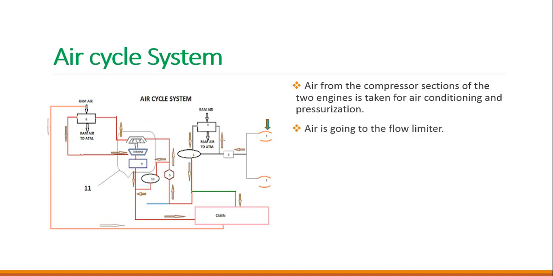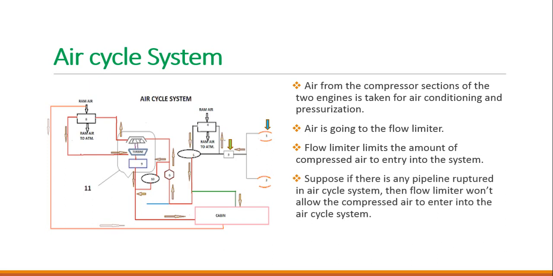Next the air goes to the flow limiter. The flow limiter limits the amount of compressed air entering the system, because only as much as is needed will enter. It won't allow too much air inside the system, because it doesn't need that much.